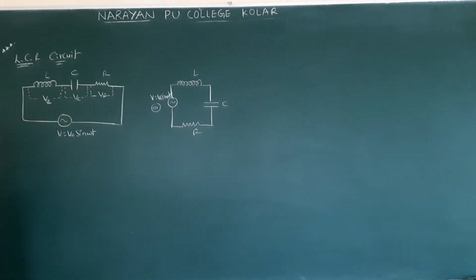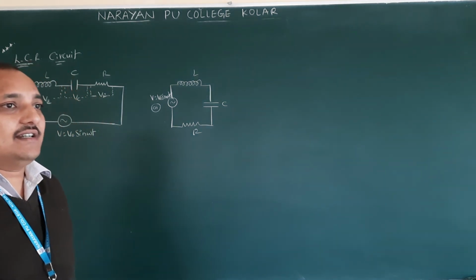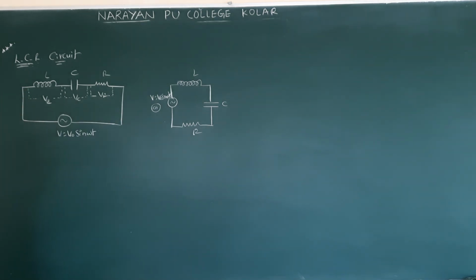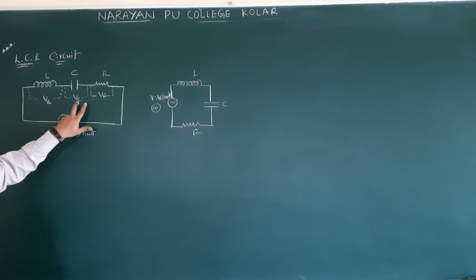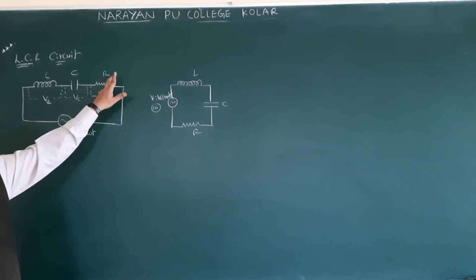The voltage across the resistor is VR. In the case of resistors connected in series, we discussed this model with V1, V2, V3. The same thing we wrote here as VL, VC, VR. VL means voltage across the inductor, VC means voltage across the capacitor, VR means voltage across the resistor.